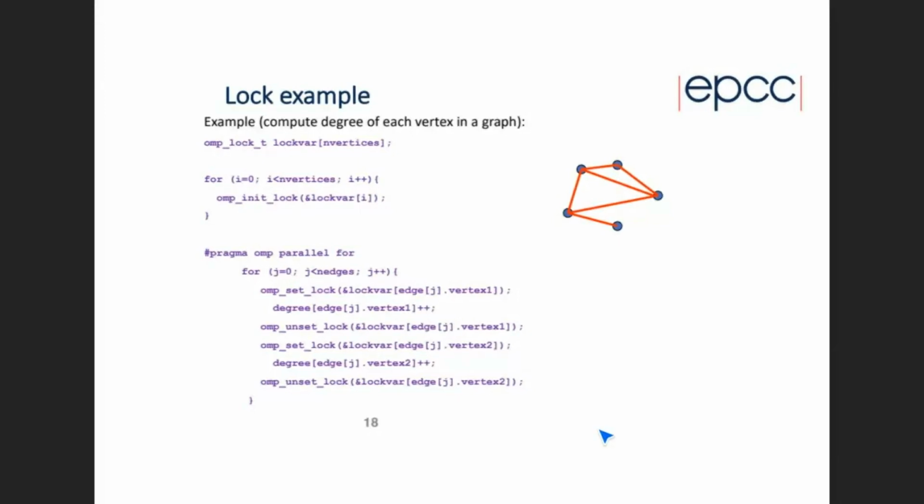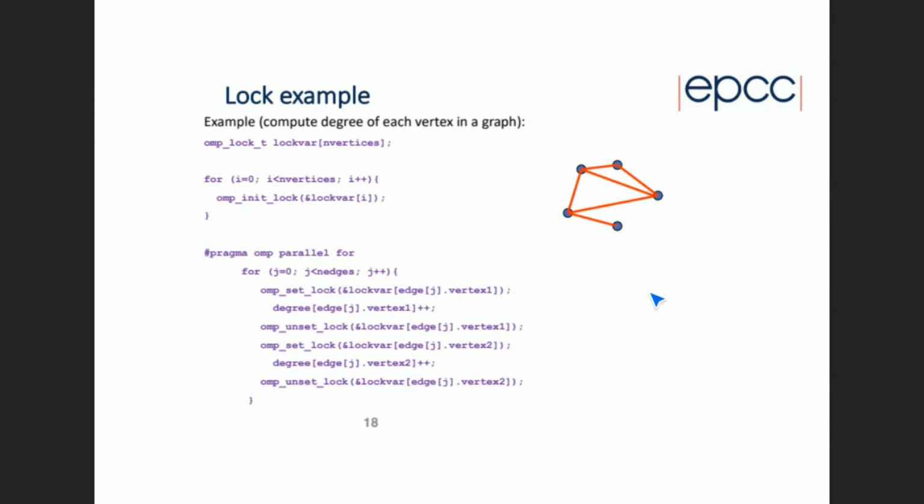Okay, so I can potentially use locks to solve the same problem with my degree of every vertex case here. Instead of using atomic, and in practice, for this particular case, atomic is almost certainly going to be more efficient.